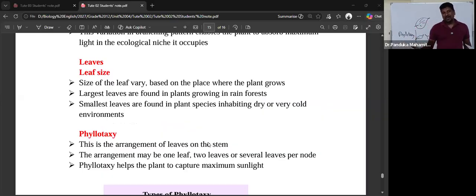Enough water is there in the rainforests, so the plants that grow in those areas have larger leaves to perform photosynthesis at a higher rate, right? And the smallest leaves are found in plant species inhabiting dry and very cold environments. Okay, so just have an idea about those things.